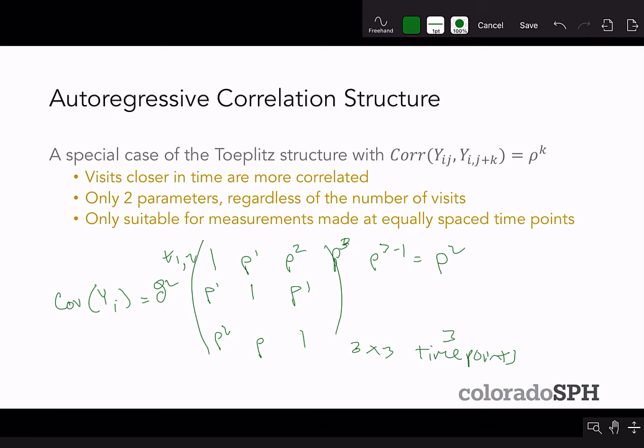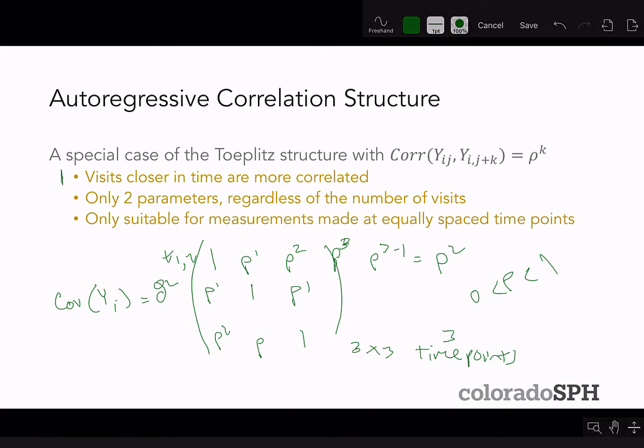So as you get time points that are farther and farther apart, this rho is going to have a higher and higher exponent value. And because rho has to be between 0 and 1, because it's a correlation coefficient, the higher the exponent, the smaller rho is going to be. So time points that are farther apart are less correlated than time points that are closer together when you have this correlation structure.